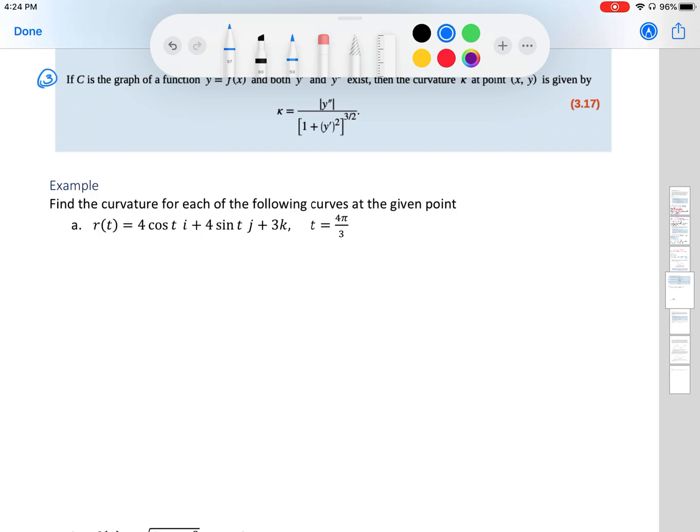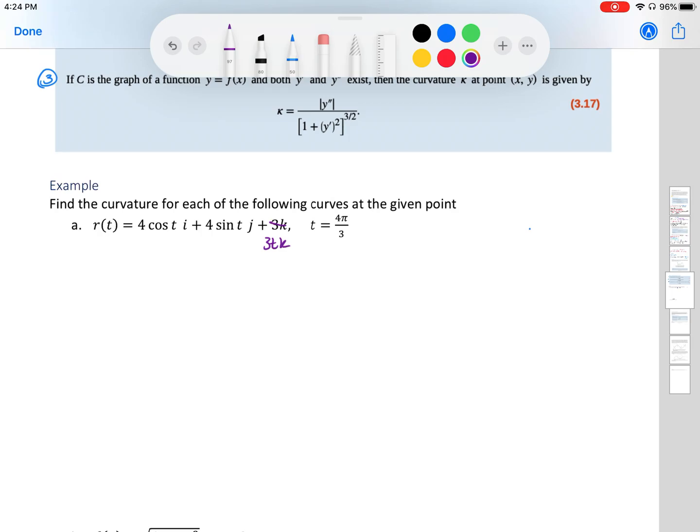So we have r of t equals 4 cosine t i plus 4 sine t j plus 3t k. I have on my notes, this should have been a 3t k. And we want to evaluate at t equals 4 pi over 3.